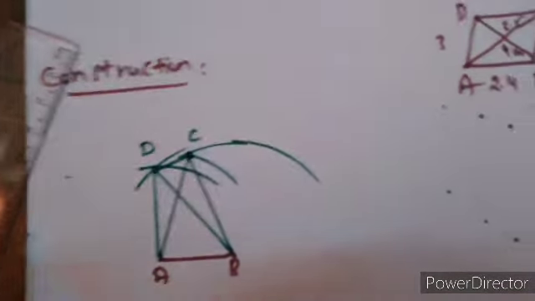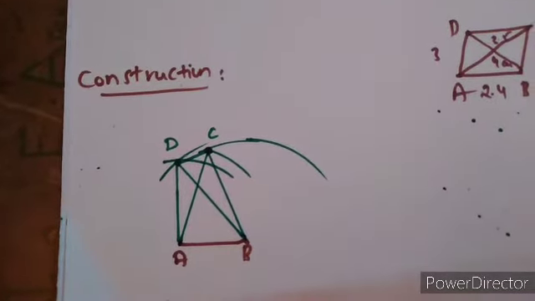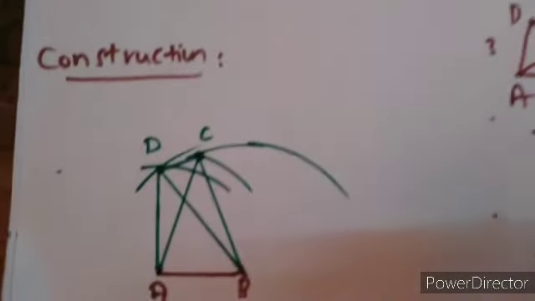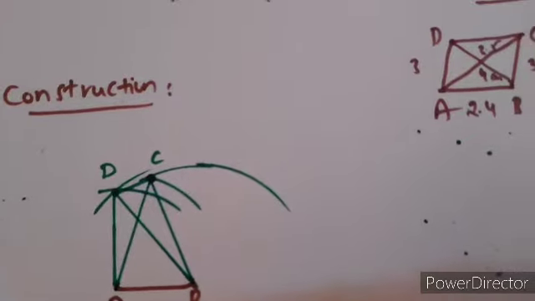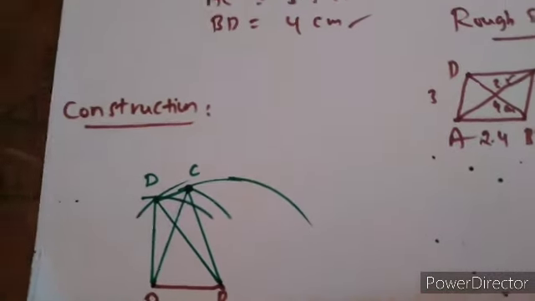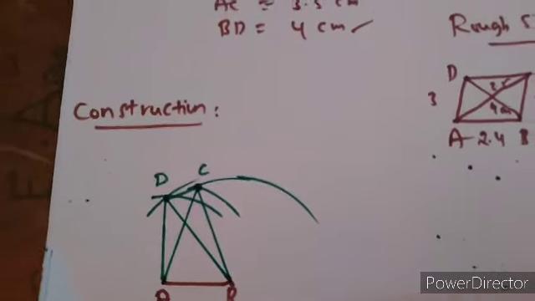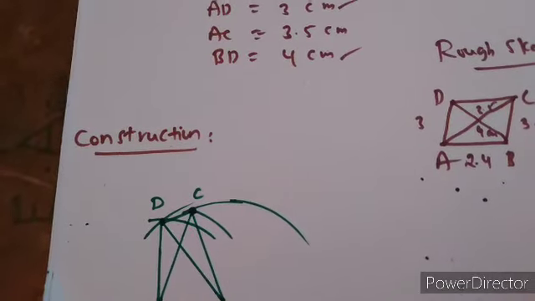Now see here, we have constructed ABCD. Now you may have a doubt that the rough sketch I have drawn is not similar. Yes, it will never be the same. A rough sketch is a rough sketch because you did not take any measurement over there, only for understanding purposes: which are the line segments and which are the diagonals, or where the angles should be taken.